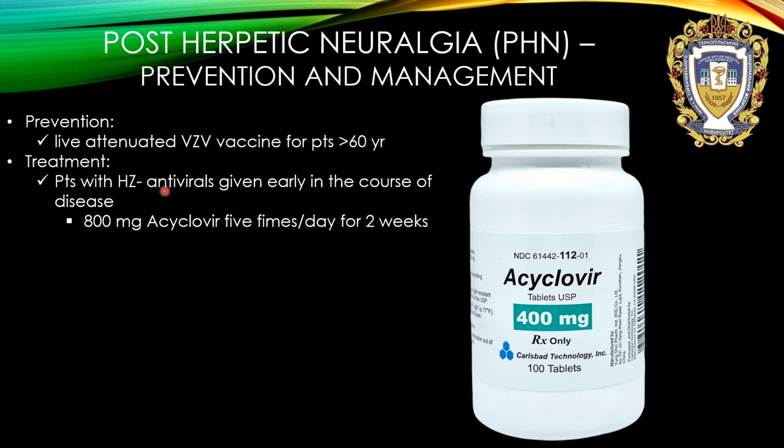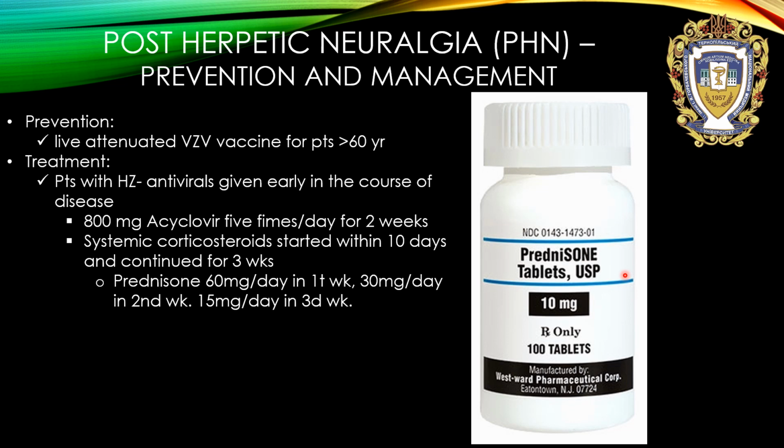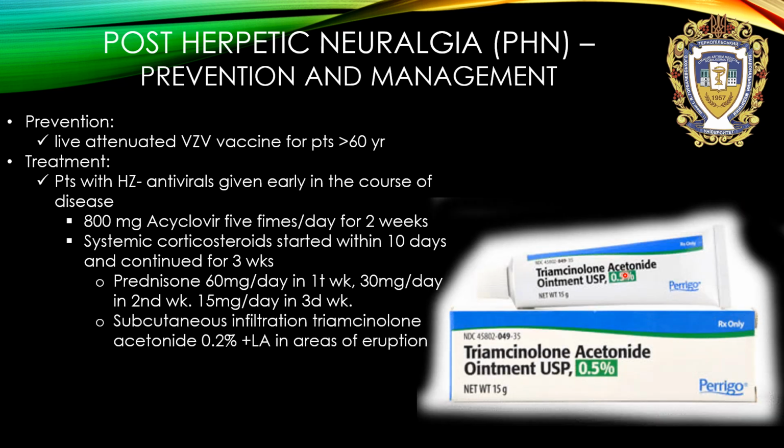And treatment: for patients with herpes zoster, antivirals given early in the course of disease, acyclovir, systemic corticosteroids started within 10 days and continued for 3 weeks, like prednisone, subcutaneous infiltration, triamcinolone acetonide, plus local anesthetics in areas of eruption.